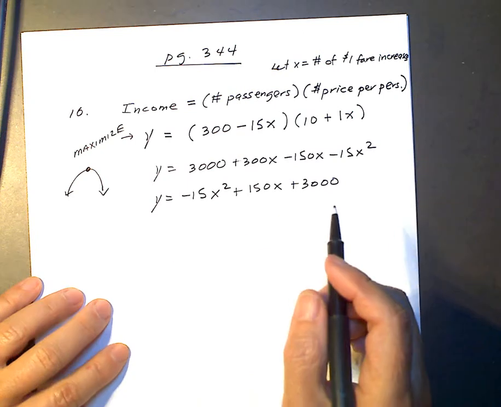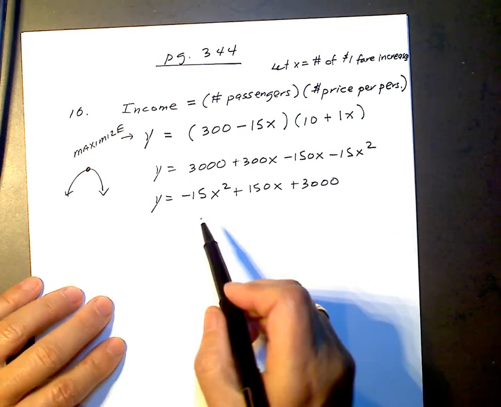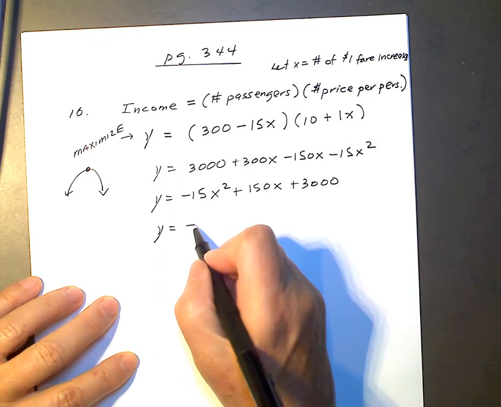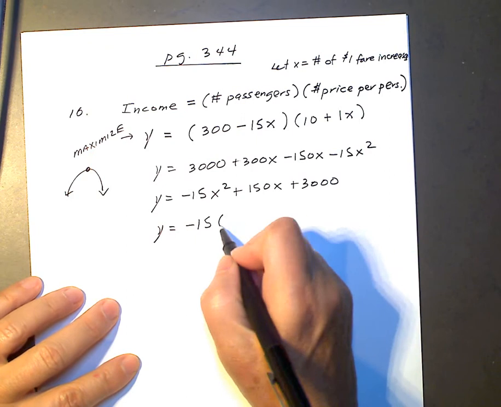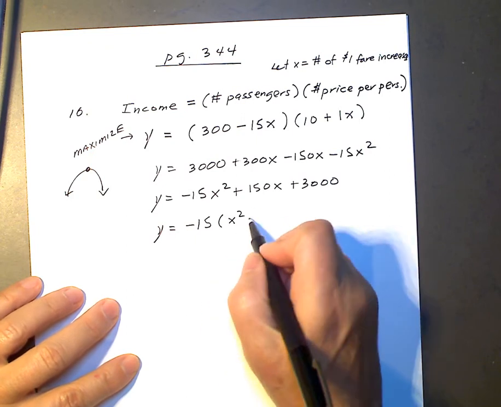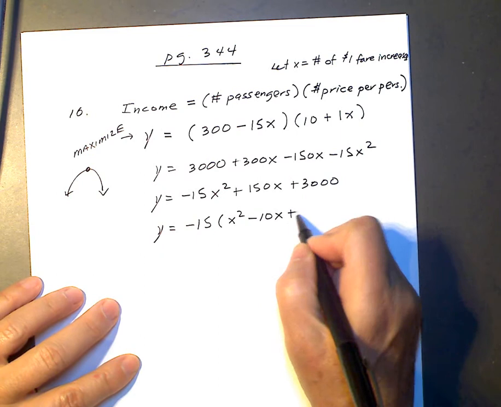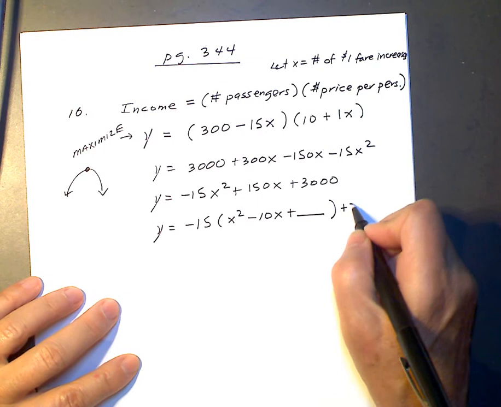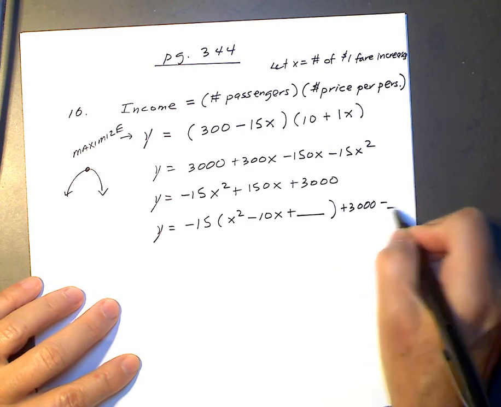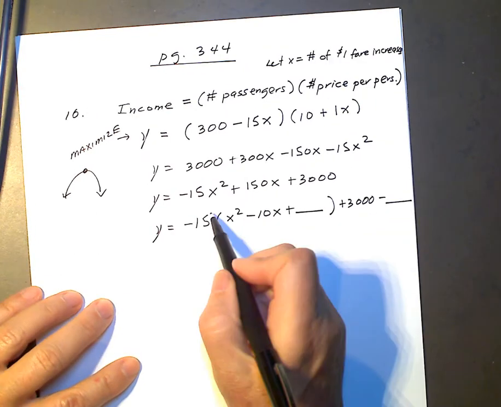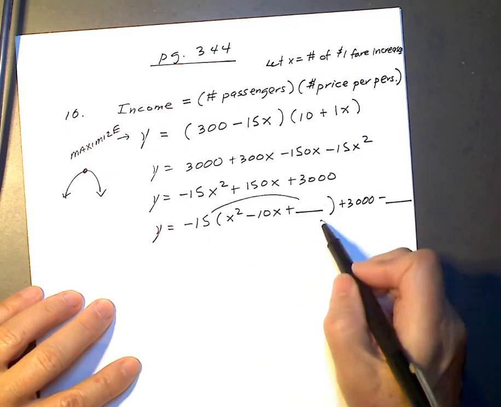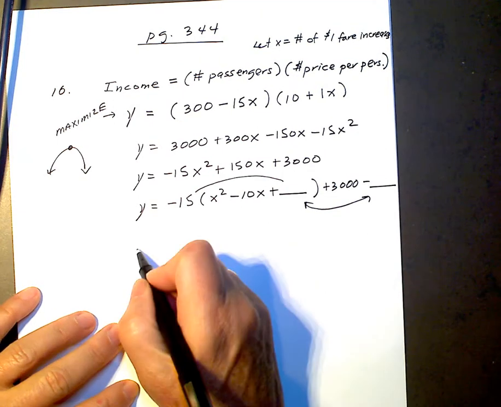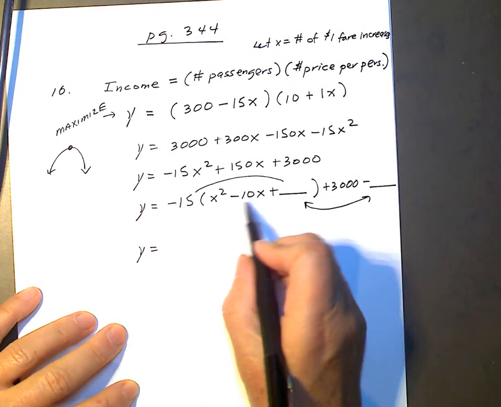So anyway, we can find the vertex of this, which is the number of fare increases for which we'll have the maximum income, by factoring out a negative 15, and now I'll have x squared minus 10x plus blank to complete the square. And then I still have my plus 3,000 minus blank, so whatever I add here, I'm going to take out over here since I'm working all on one side of the equation. So y equals... half of negative 10 right here is negative 5.